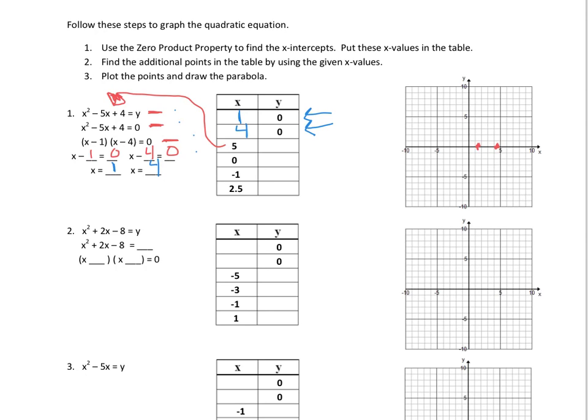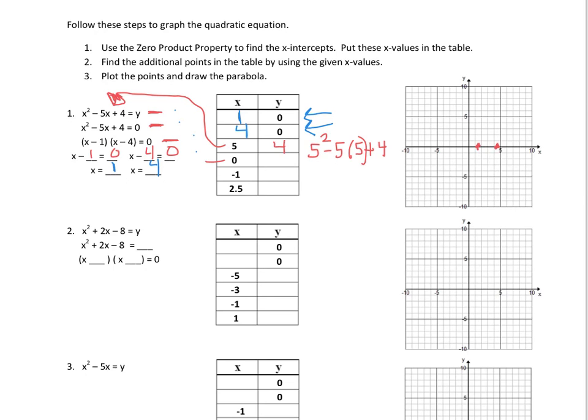So I'm going to do that math right over here. 5 squared minus 5 times 5 plus 4. When I do that, it's 5 squared, which is 25, minus 5 times 5, so 25 minus 25 plus 4. When I have x is 5, my y is 4.